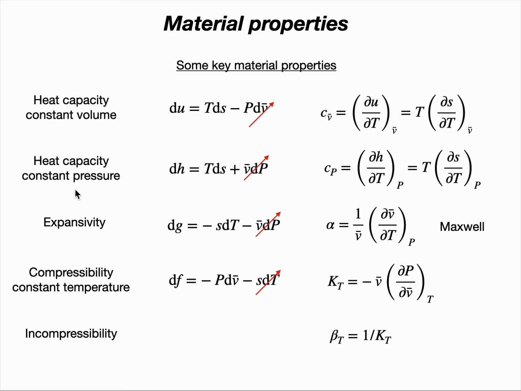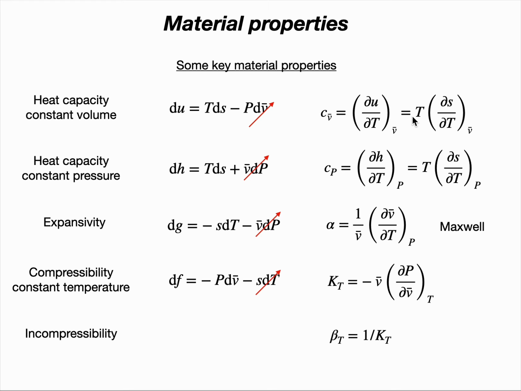So in fact, the heat capacity at constant volume, we got it when we were looking at the rate of internal energy. If you assume constant volume, then we get TdS. So this, in a way, means that the heat capacity at constant volume is the derivative of U relative to T.